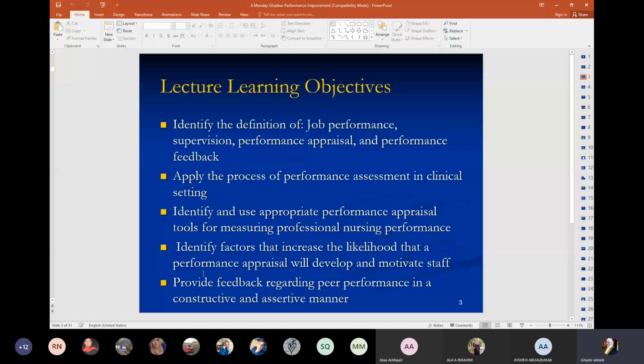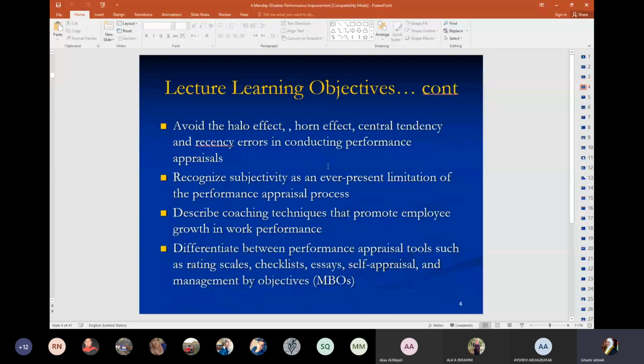Then we will identify factors that increase the likelihood that performance appraisal will develop and motivate staff, and how to give feedback, whether positive or negative. During our lecture, we will learn how to avoid some errors during evaluation, such as halo error, horn effect error, central tendency and recency errors during conducting performance appraisal.